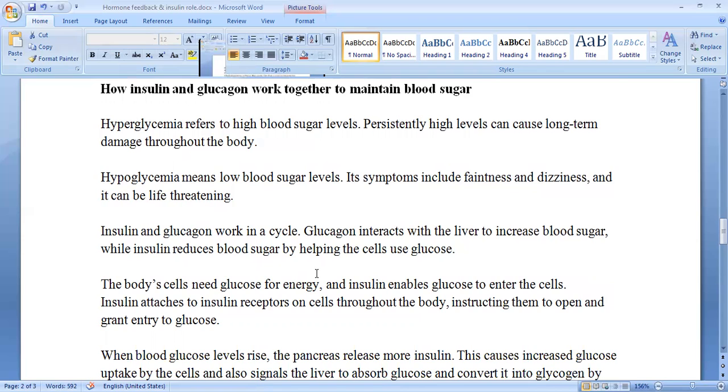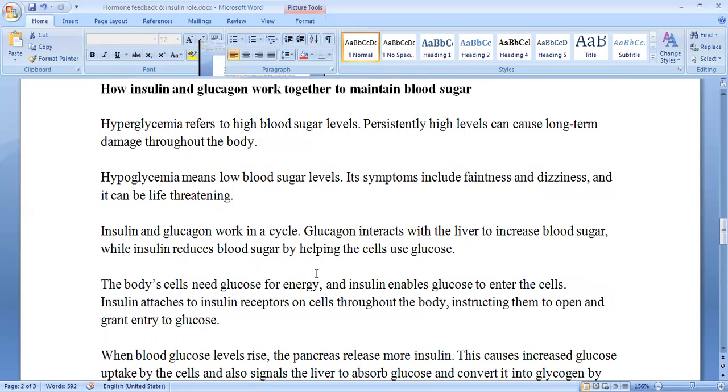So when the body senses that there is a larger amount of glucose in the blood and that glucose has to enter into the cells, then the pancreas will release insulin. Generally, some time after we take our food, the pancreas will release insulin.